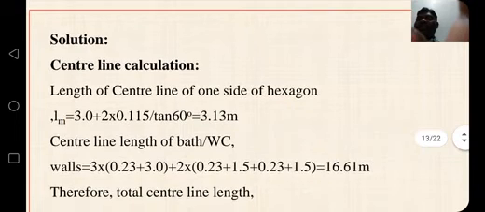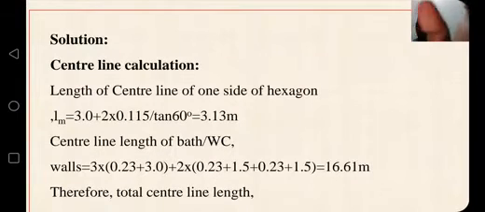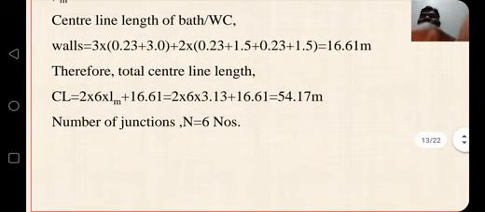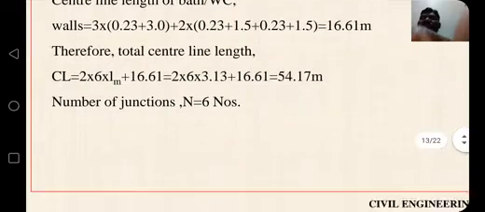Center line length of bath and WC walls: 3 into 0.25 plus 3 plus 2 into 0.23 plus 1.5 plus 0.23 plus 1.5, around 16.61 meters. Therefore total center line length CL is equal to 2 into 6 into L mean plus 16.61, total 54.17 meters. Number of junctions N is equal to 6 numbers.